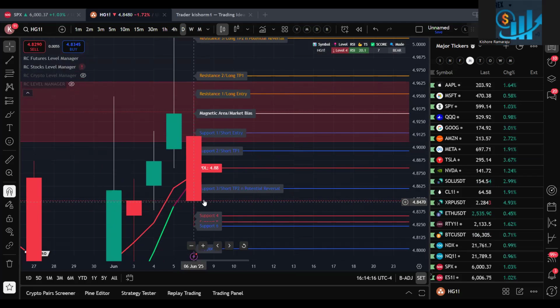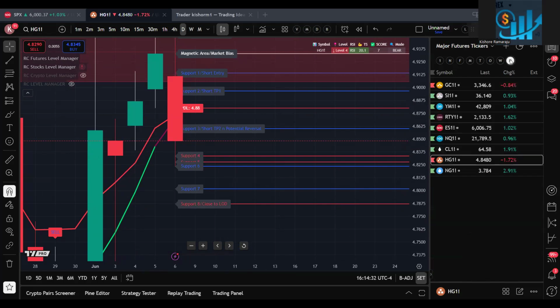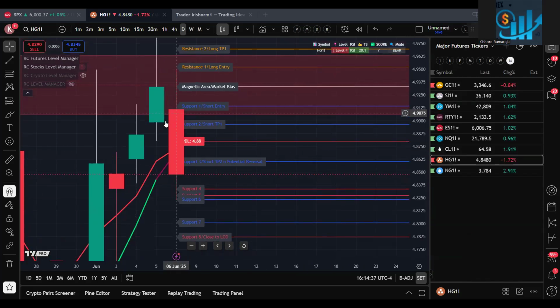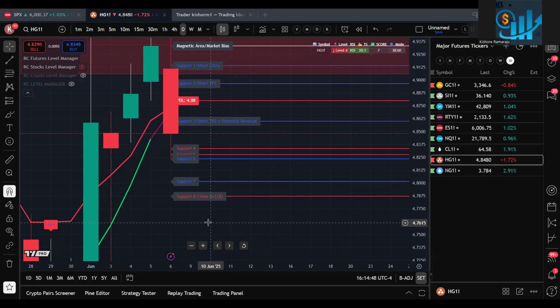This is our scenario two, bearish candle. Your open and close are below the magnetic area, so you have a high possibility the trend will continue in the same direction. So you mainly focus on the sell. This is the best opportunity. You have 20, 30 tickers, but out of those, copper is a good ticker today because we can clearly see that your open was below the magnetic area, your close was below the magnetic area. 90% it will go further down this evening.